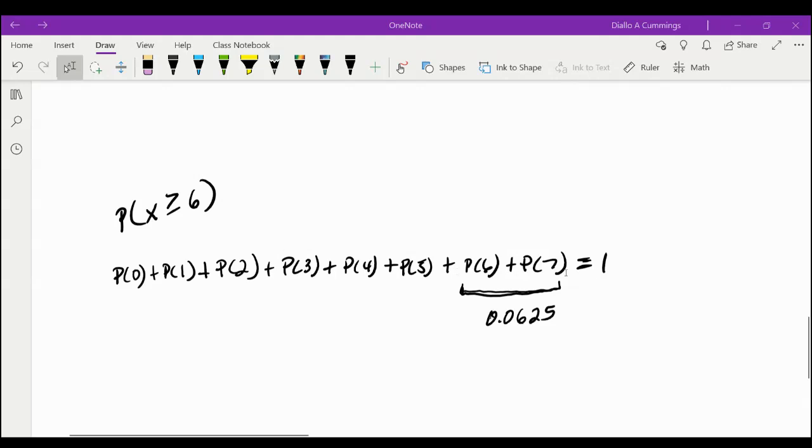And if I had a lot of trials, I may or may not want to do it this way, but since there are only 7 trials, I can actually add up the probability for 6 and the probability for 7. If, however, I wanted to use the CDF, it is going to give me the probability at a number and below.